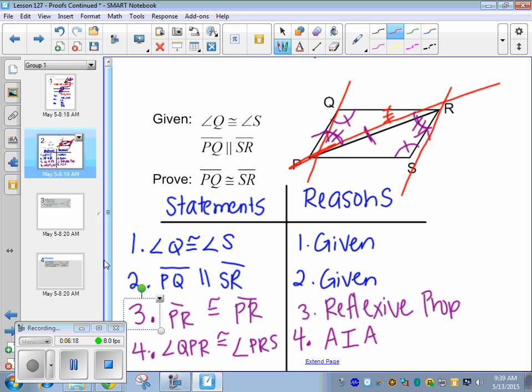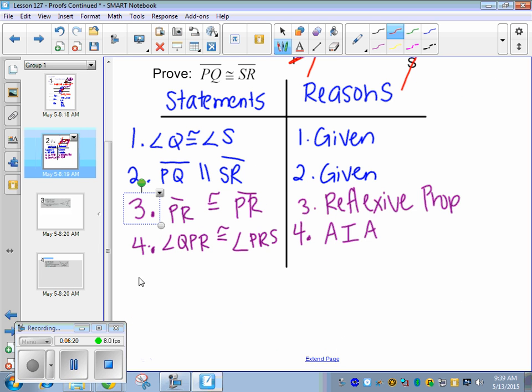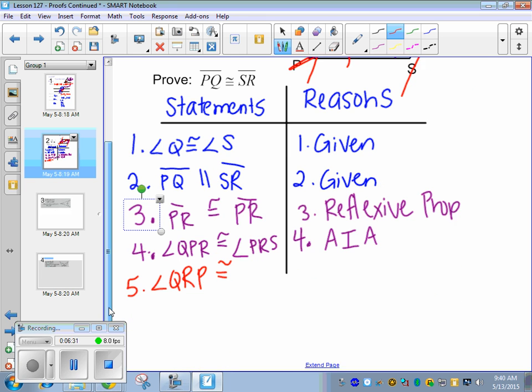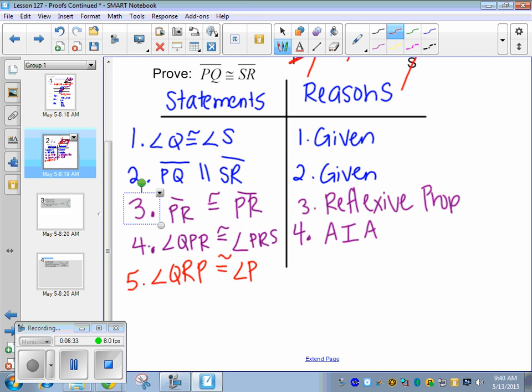So angle QRP is congruent to RPS. Because if we know 2, we know 3.